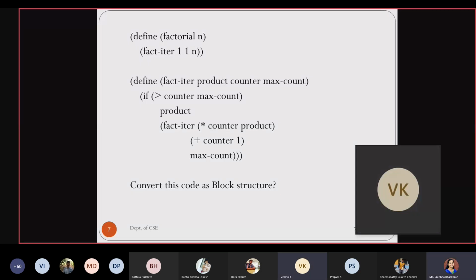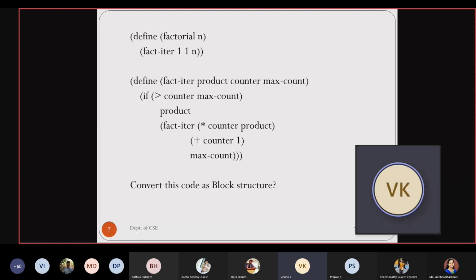Previous one was covered, the linear iterative process. Ma'am, the block structure was not covered, like what that meant. Otherwise, everything was covered. Okay. In the square root procedure also it was not covered? Newton's method, no, ma'am. Yeah, in Newton's method, ma'am explained that problem, but what the block structure is was not told.